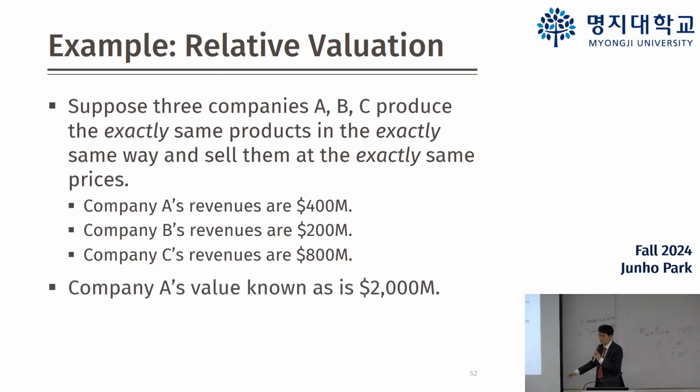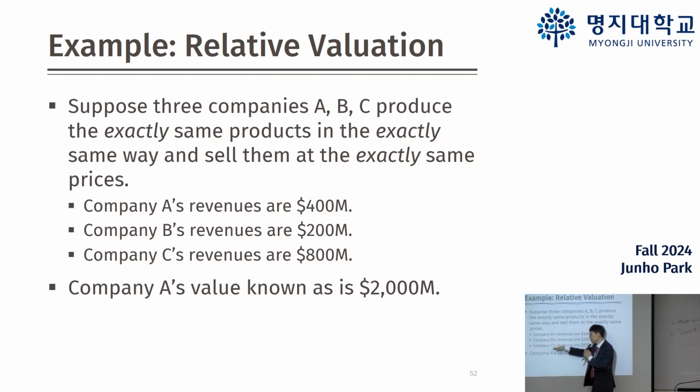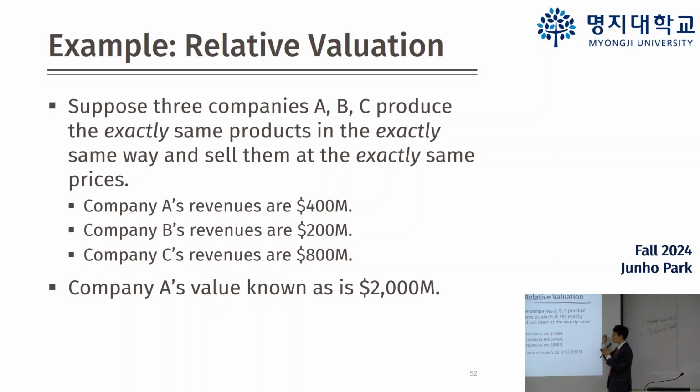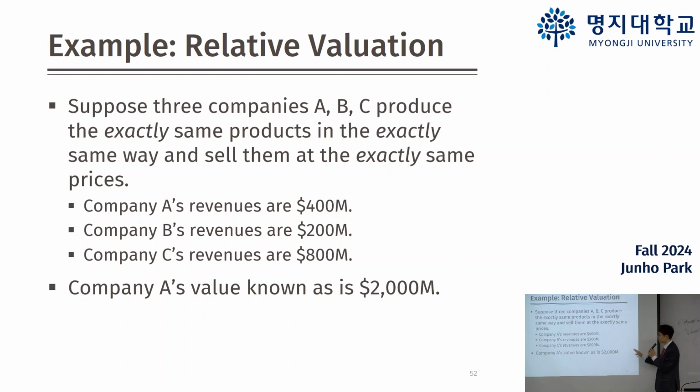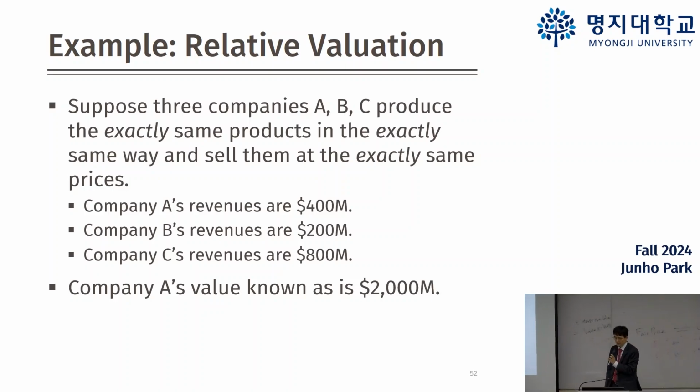And we want to know the value of B and C, but we do not know the precise information about what happened inside the company. However, we know that at this moment, company A's value is $2 billion.